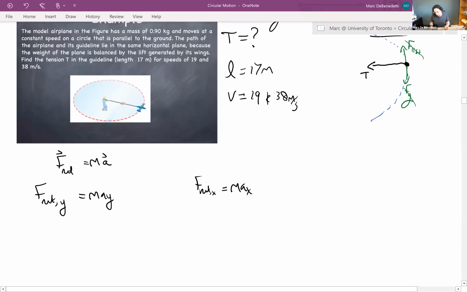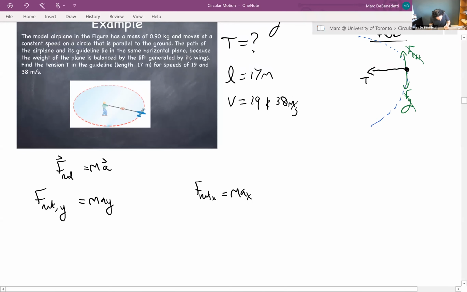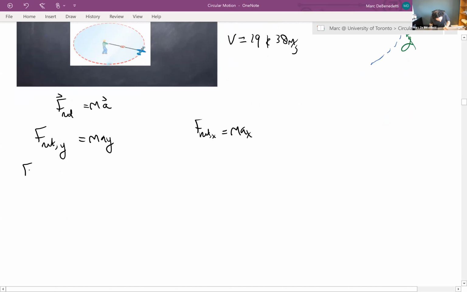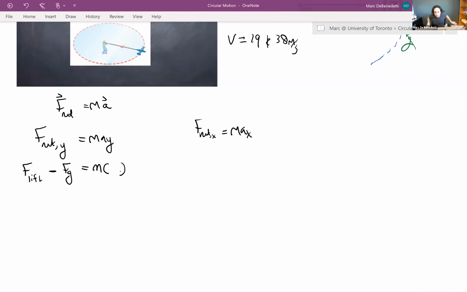F net y. Looking at the free body diagram, I have the force of the lift upwards, and then downwards in the opposite direction, so minus, the force of gravity, equals m times the acceleration in the y direction. Presumably, if this airplane is traveling in a horizontal circle, there is no movement upwards or downwards, right?